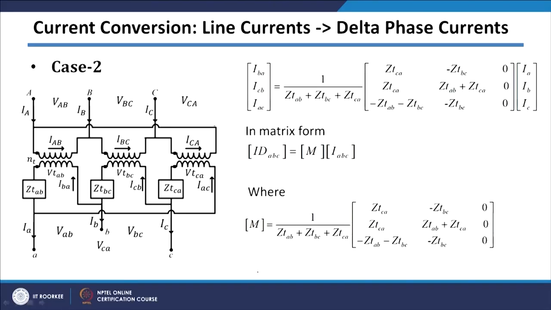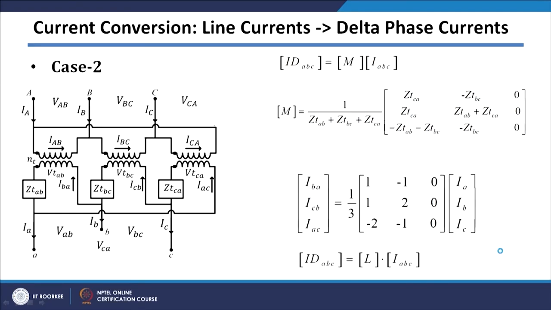And I am calling this matrix which you have got here matrix M, and this matrix M is basically represented by this one. So, we have got the required transformations. We have got this M matrix, which basically converts your line currents to delta phase currents.